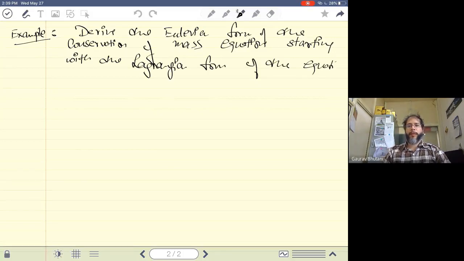What we stated earlier was that the Lagrangian and the Eulerian forms are two different forms of the same equation. What we want to stress and understand here is that they both can be derived one from the other.